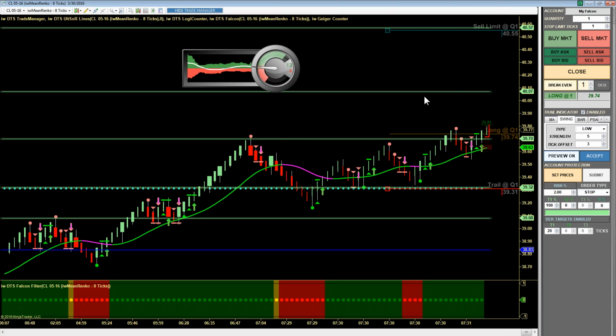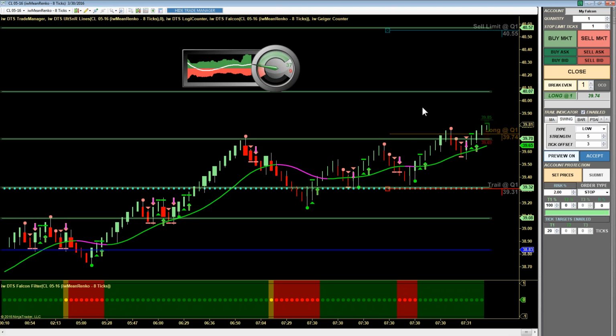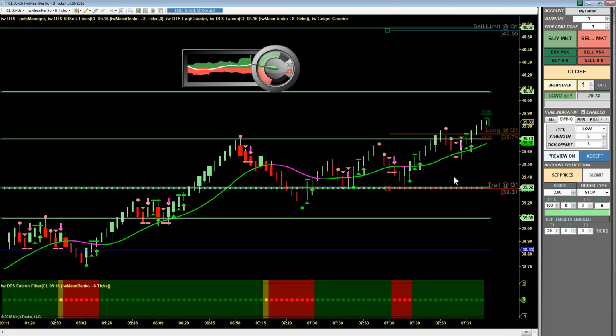Let's see how that works. Let's see if we can get two zones out of crude oil today. If it gets here to the 40 level, I'm going to force it to break even by hitting the break even button.